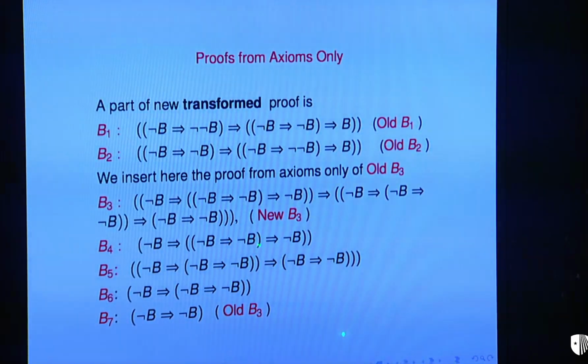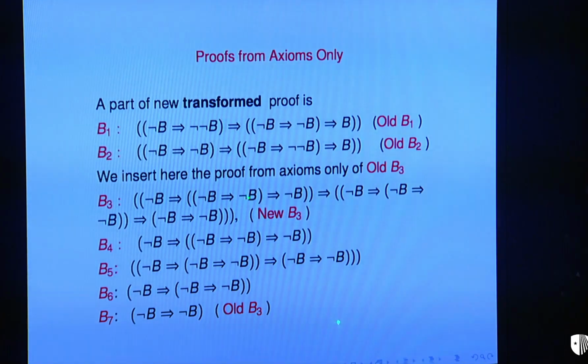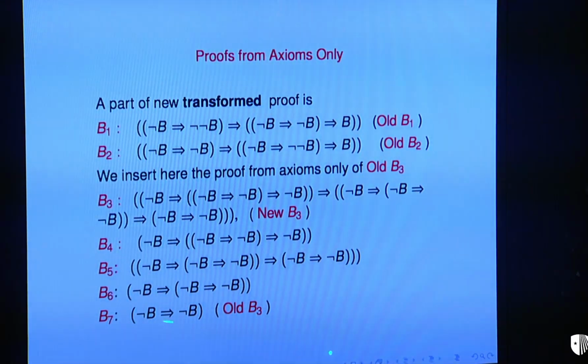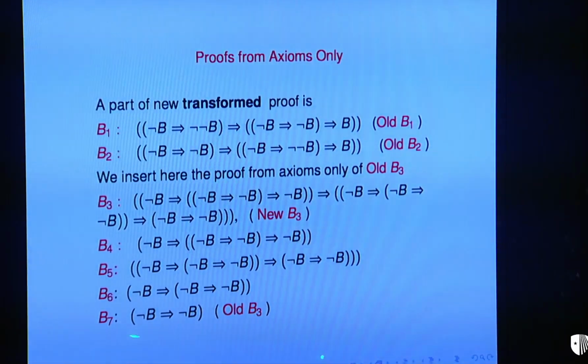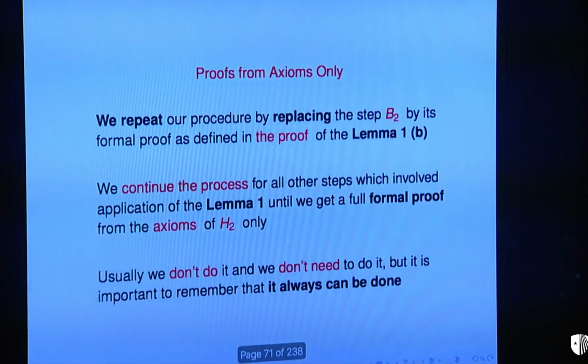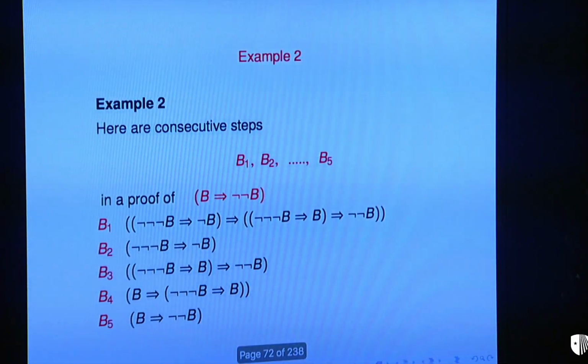You can insert the proof which we already had for A equal not B, and then the old B3 would now be B7, and then you carry the proof as it goes.